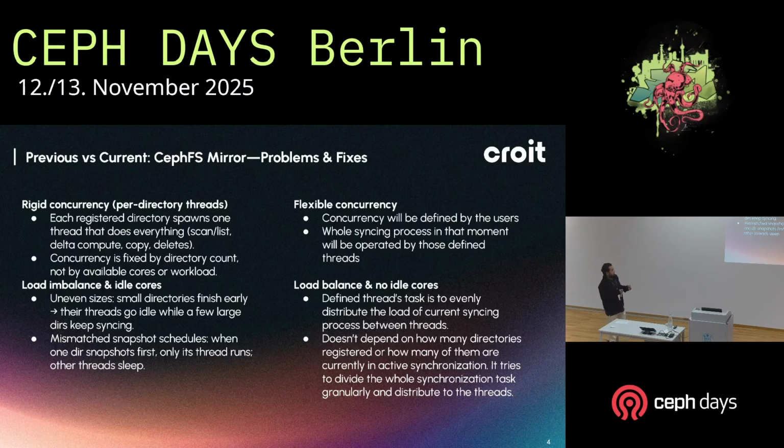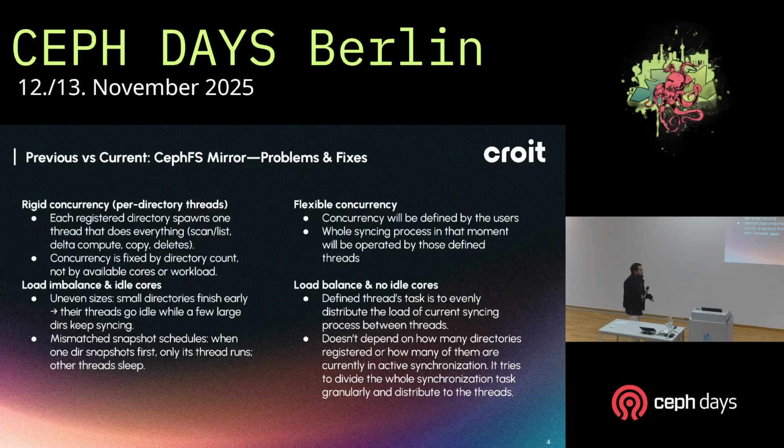So there can be problems like load imbalance. For example, you have a larger directory and a smaller directory. You expect the larger directory to finish syncing later than the smaller one. So when your smaller directory finishes, that thread is just sleeping. We are not utilizing the cores and our bandwidth.